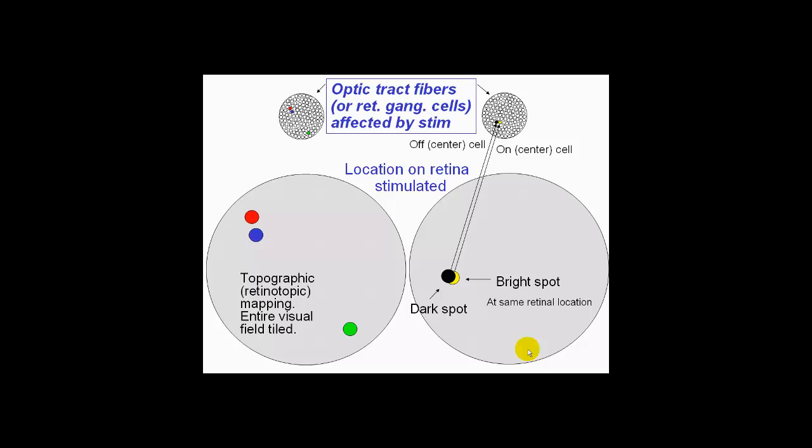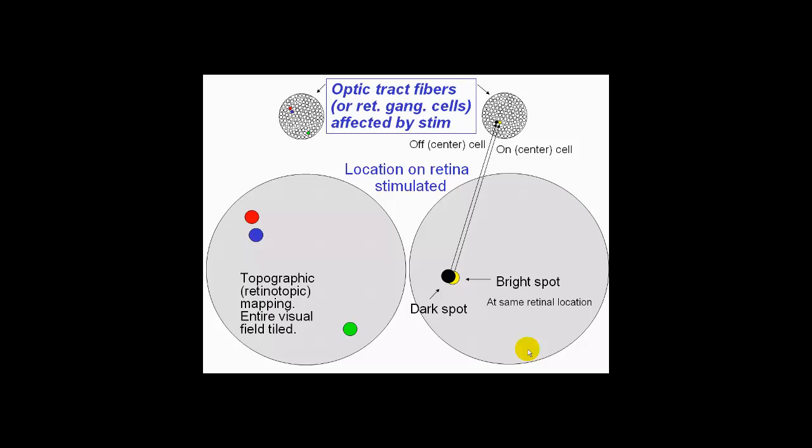But for any given small spot, you'll have two different kinds of ganglion cells: ones that are called off cells and ones that are called on cells. One kind responds to brightness, and the other to darkness.